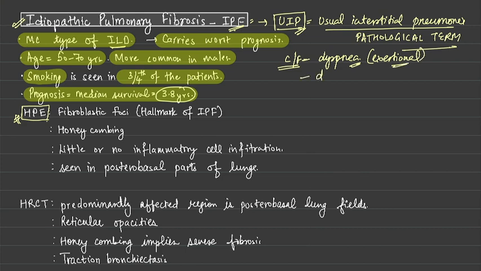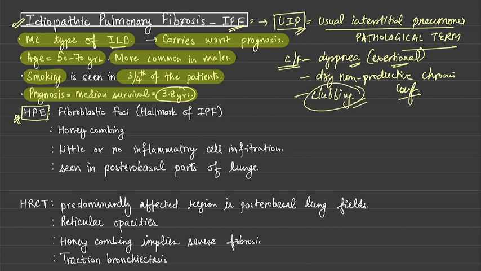And the other most common symptom is dry, non-productive, chronic cough, right? And a very important sign is clubbing. It is not seen in all the cases, but it can be seen in a few cases.